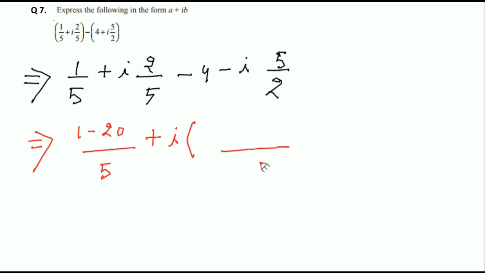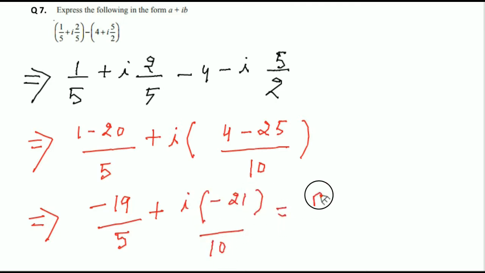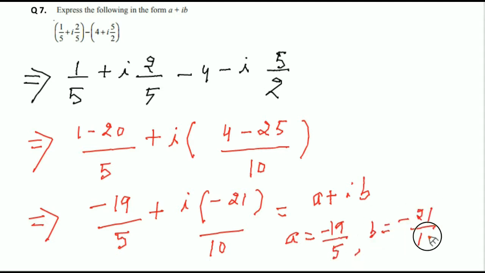The LCM is 10, so 4 minus 25. Now you can write 1 minus 20, that is minus 19 by 5, plus 4 minus 25, that is minus 21, so minus 21 by 10. This is the form of a plus iota b, where a equals minus 19 by 5 and b equals minus 21 by 10.